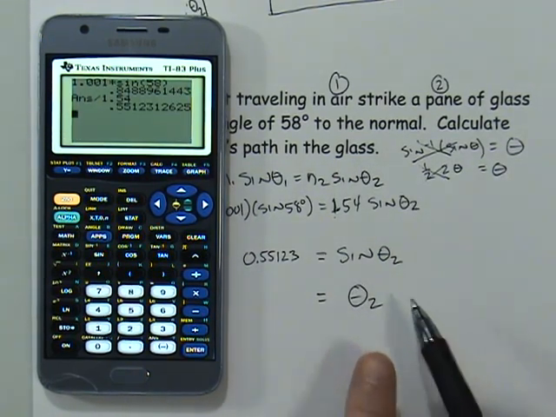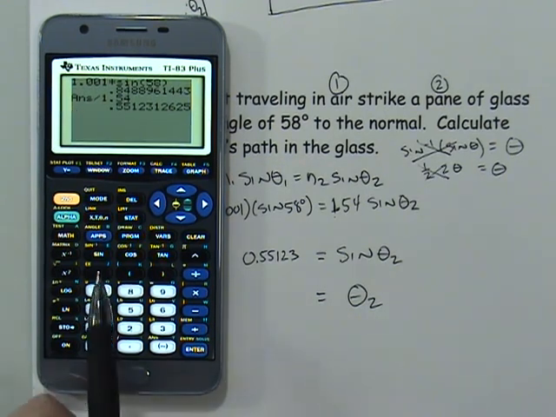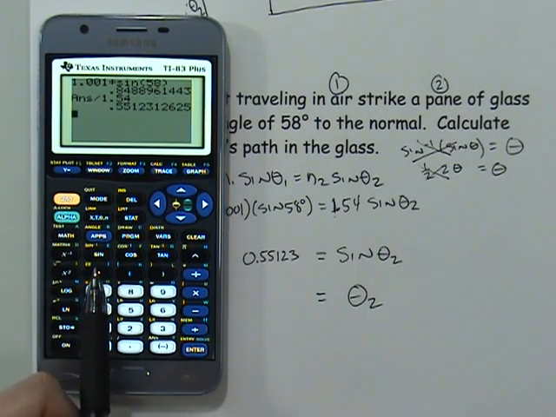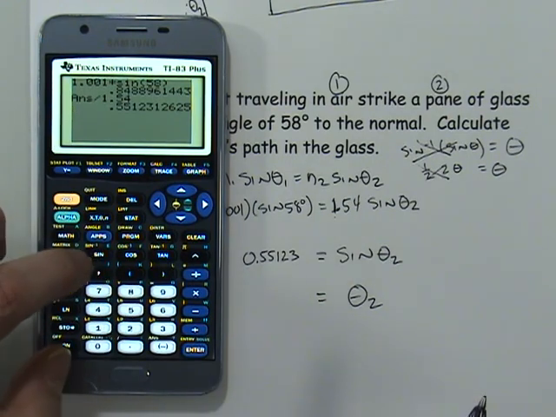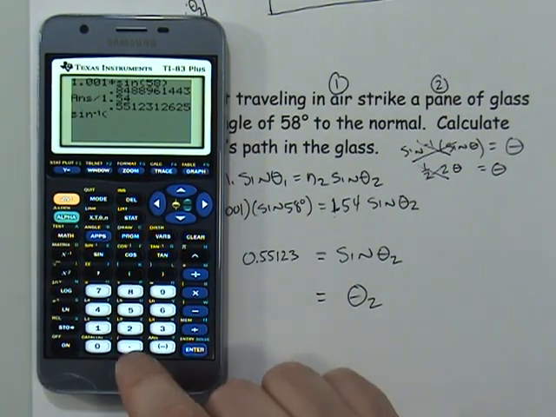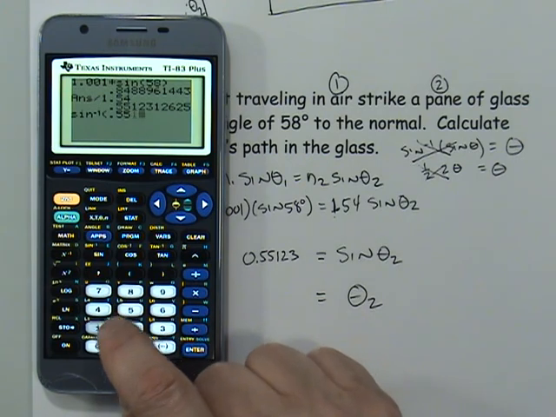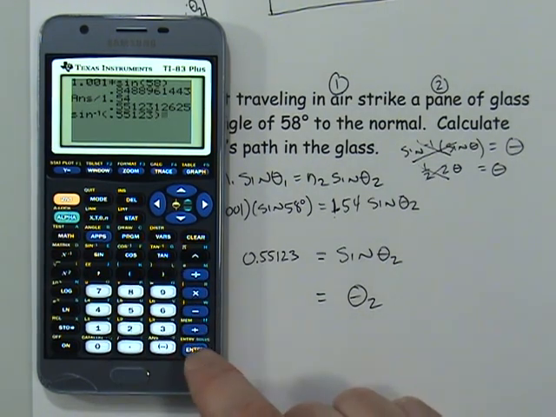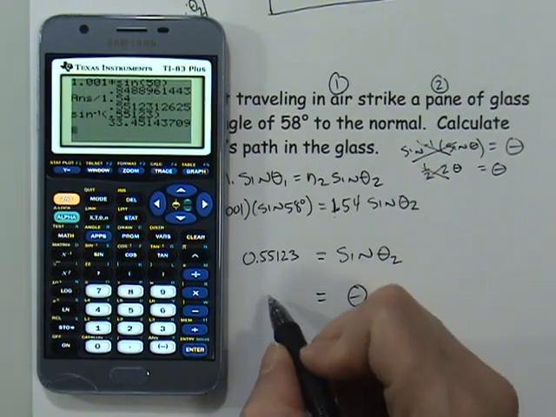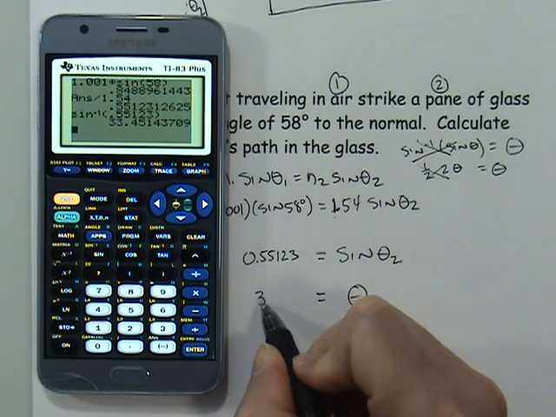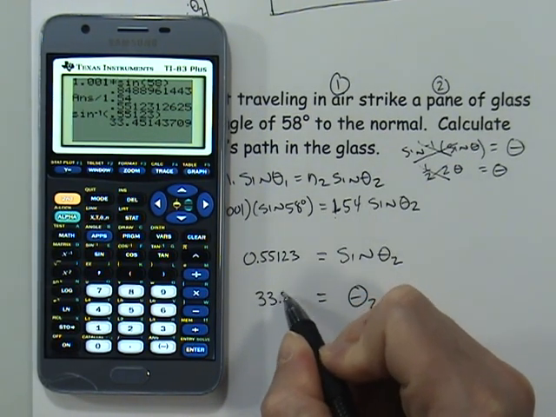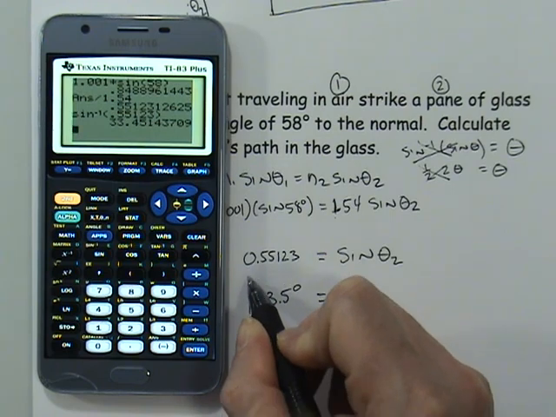But that means I also need to do the same thing on the other side. So on your calculator, when you look at the sine button, you should see right above it, it's going to say sine to the -1 power. That's what I need. So inverse sine, and now I'll put in that number, 0.55123, hit enter, and there is my angle. So in this case, it turns out to be 33 and I'm going to call that 33.5 degrees.